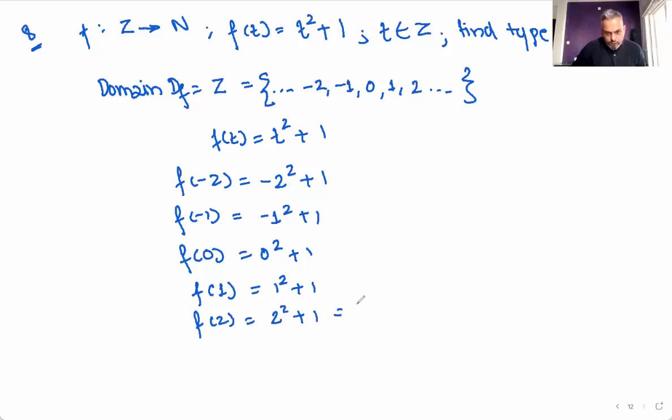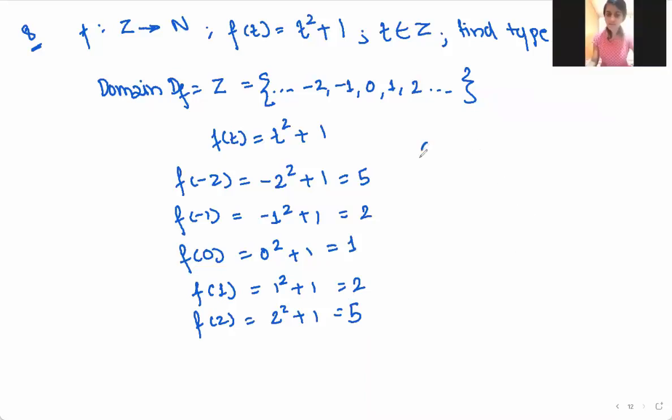That gives 5, 2, 1, 2, 5. So you can see over here -2 gives 5 and 2 also gives 5. So can you tell me what type of function is this? Many one function. Many one.